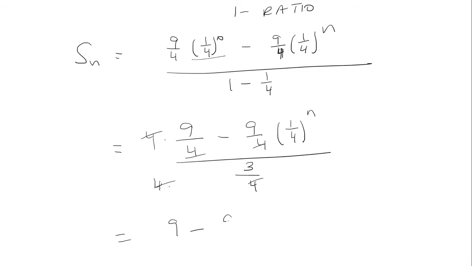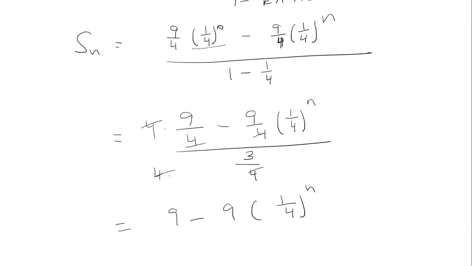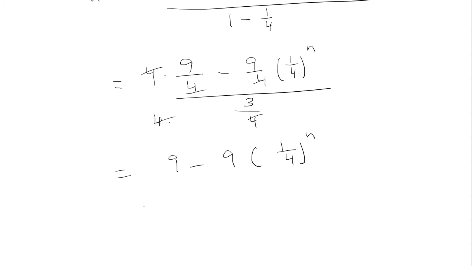So that simplifies to 9 minus 9 times 1/4 to the n, and you can also factor out a 9, which gives 9 times 1 minus 1/4 to the n. So this is your partial sum.